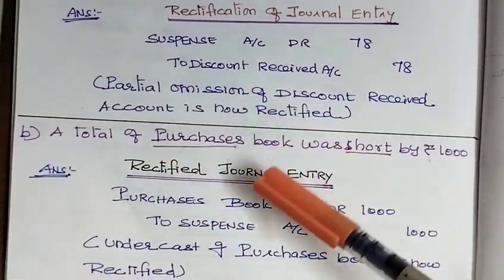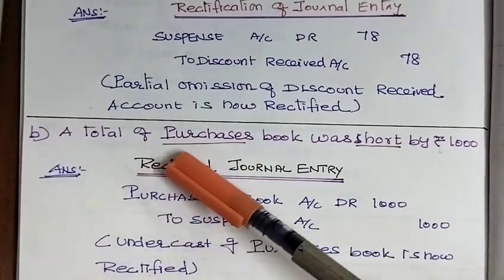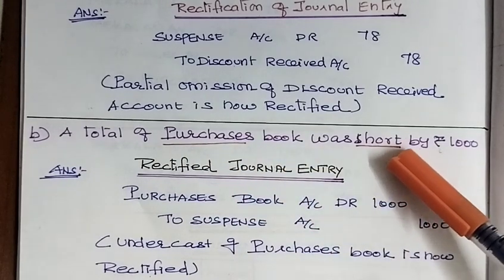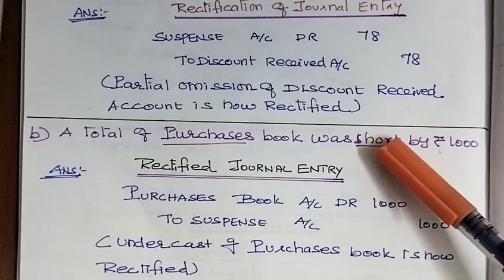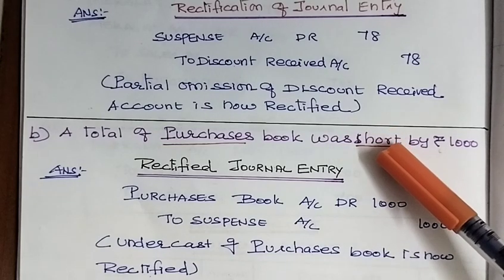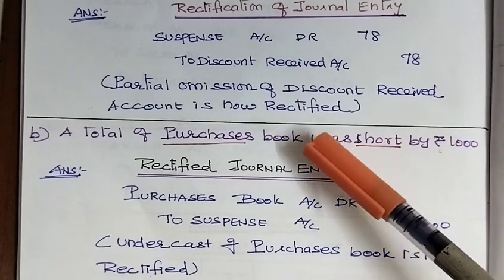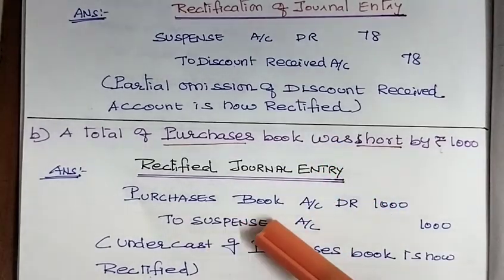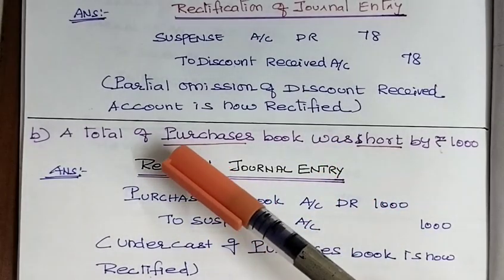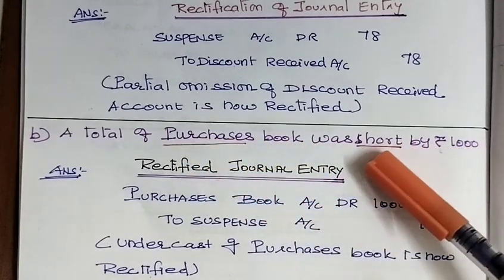The next transaction: total of purchases book was short by rupees 1000. Whenever you see short, less, or under cost in the given transaction, you have to follow the original journal entry. On which book is 1000 rupees short?